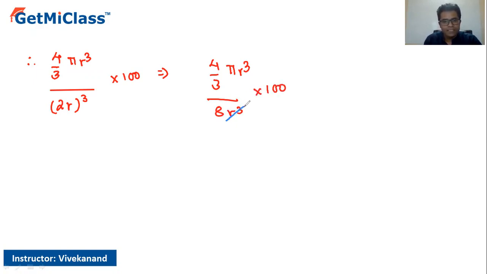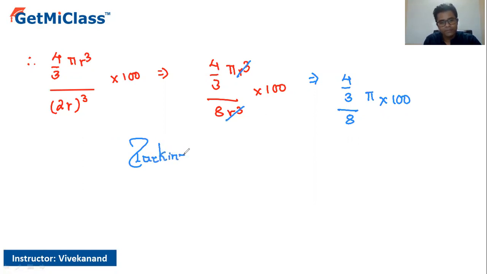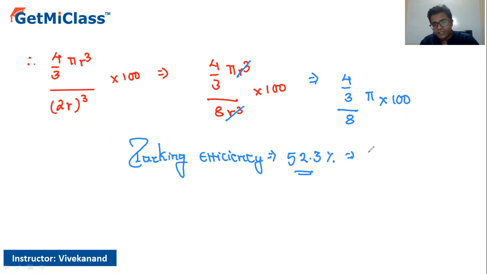Now we can see that r cube cancels, and we have pi divided by 6, and when we solve this we end up getting the packing efficiency as 52.3% once we calculate this entirely. So this is the packing efficiency.